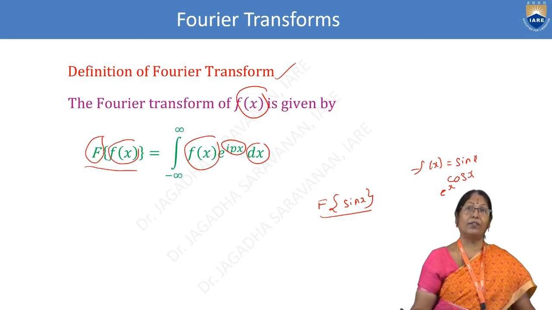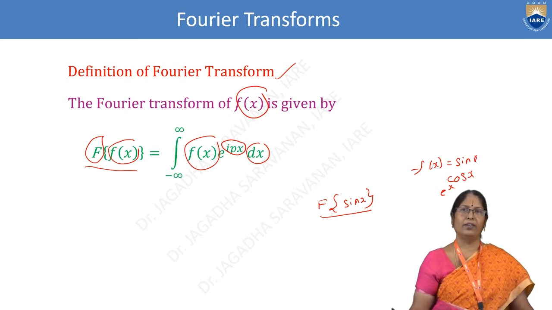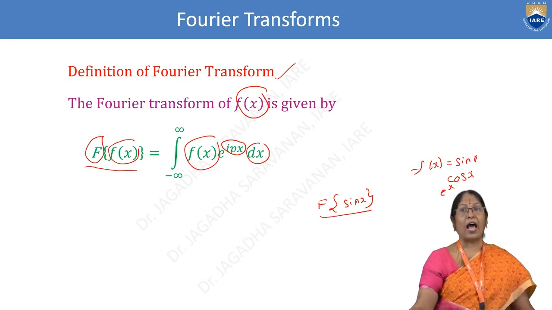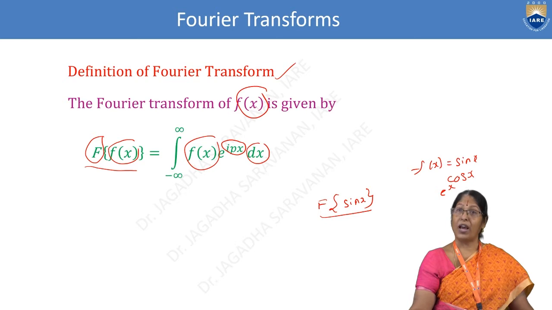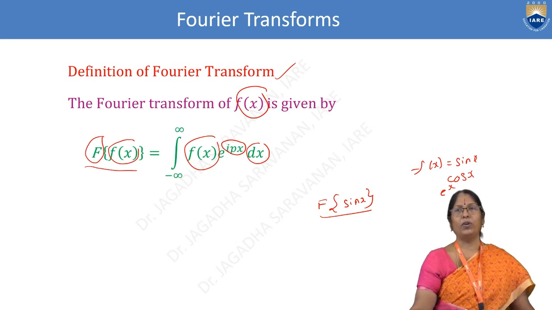This is the definition of Fourier transform. In a simple way, whatever the function is given, it is multiplied by e power ipx, and we integrate with respect to x over the range minus infinity to infinity.